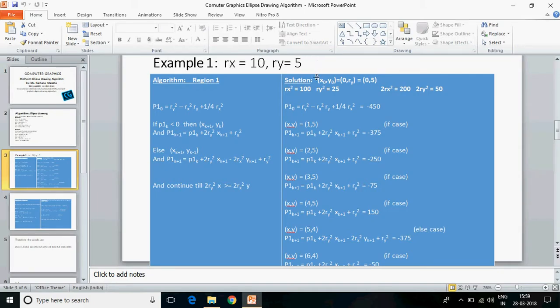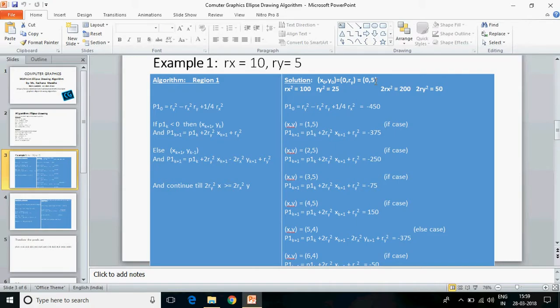The y-axis is 5 and the x-axis is 10. So x0, y0, the first point to be plotted, is always on the y-axis. So x is 0 and Ry is considered. So 0, 5 is the first point that we plot on the y-axis, which is part of the ellipse. This is the first one.